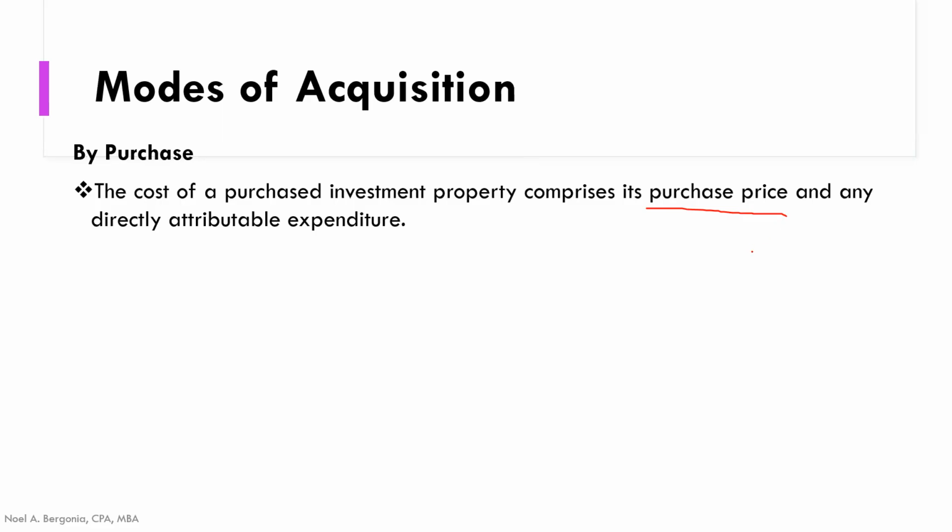Okay, ano pa? It should be including the non-refundable taxes. Okay, import duties, pero wala naman masyado import duties since we're talking about land and building here, right? And any directly attributable expenditures. So yan po yung mga additional cost natin kanina. Okay?